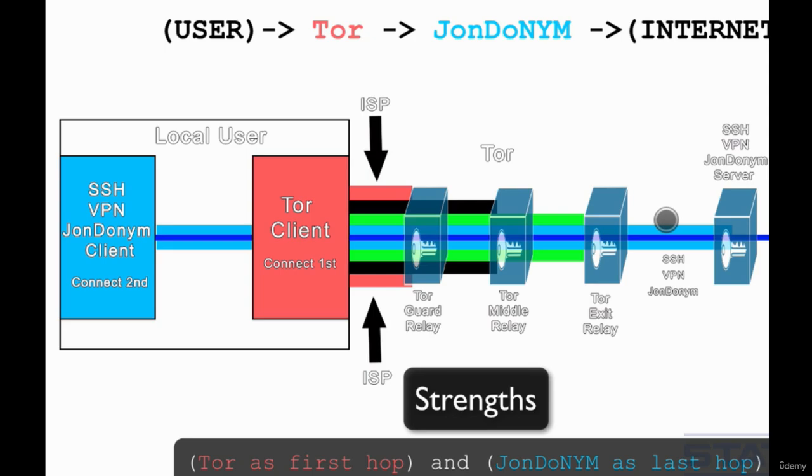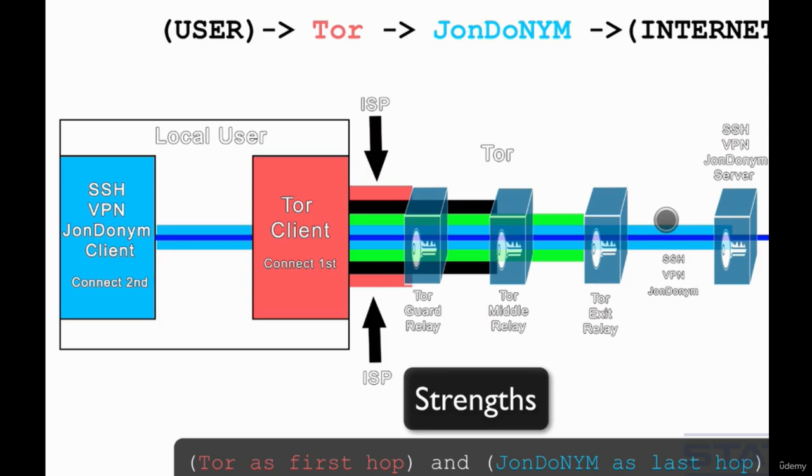Between these two layers, the Tor exit relay and the SSH, VPN, JonDonym server, Tor is stopped, and cannot reach its destination through this layer if Tor is first hop and SSH, VPN, JonDonym is last hop.